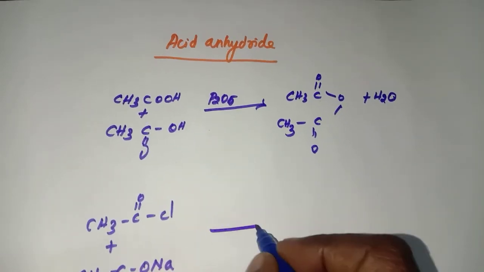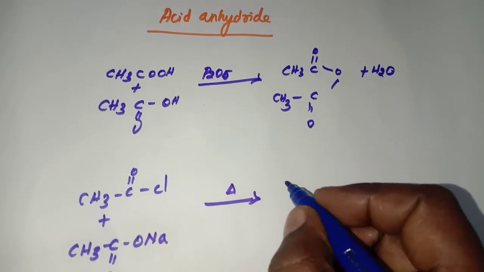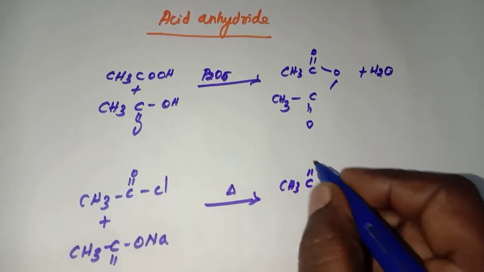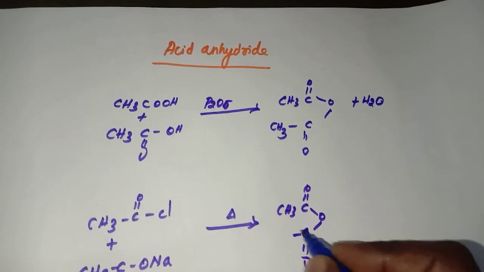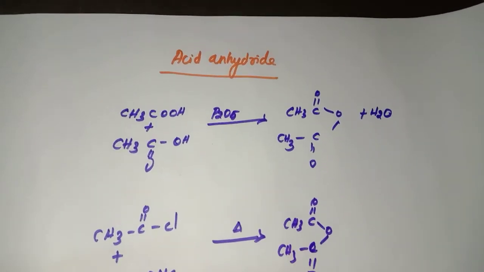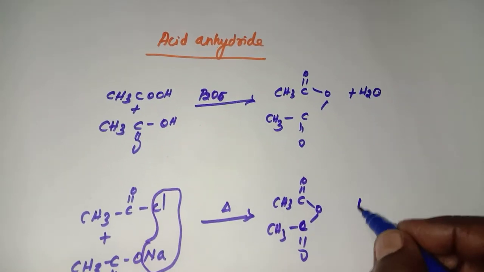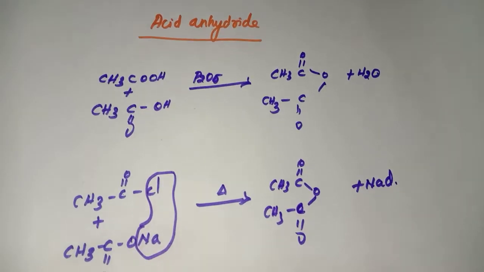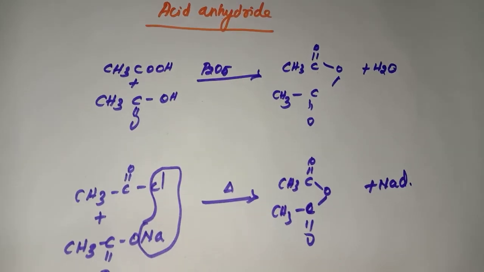When they are heated, we will be getting acetic anhydride, CH3C=O O C=O CH3, and this is removed as the NaCl. These are the two methods to prepare the acetic anhydride.